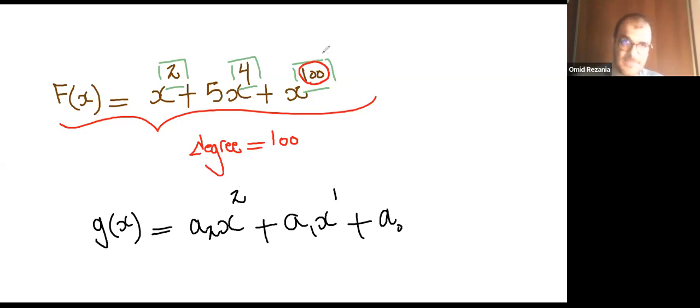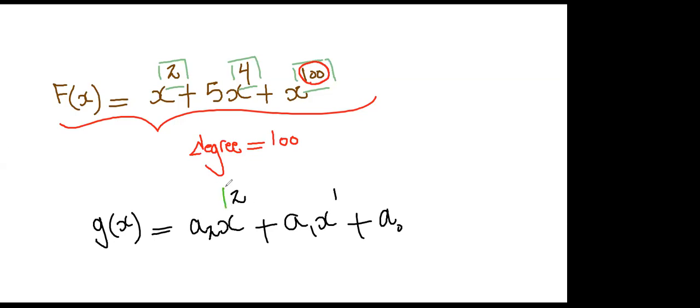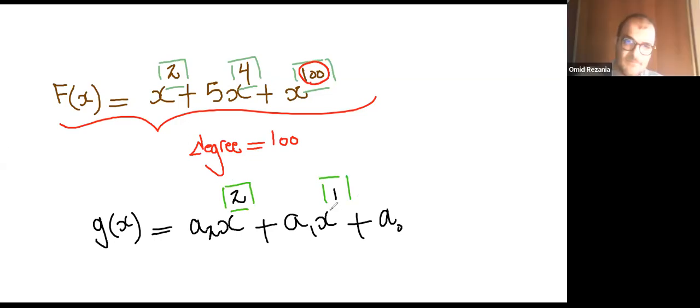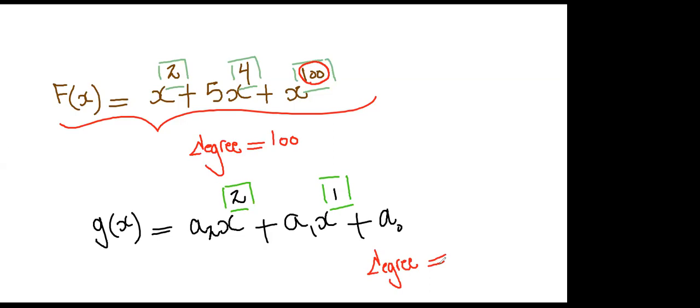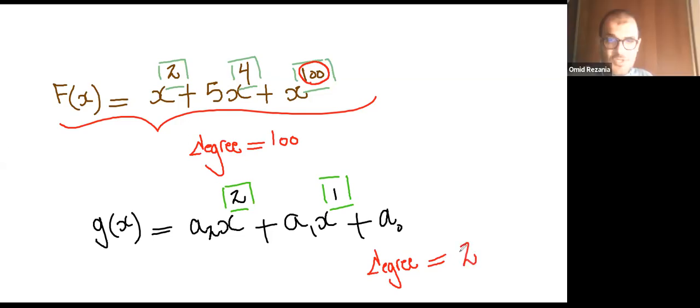You see that this is a polynomial, because 2 and 1 belong to the natural numbers. However, the degree of this polynomial is how much? 2. That's right, because 2 is the bigger exponent, so the degree is 2.